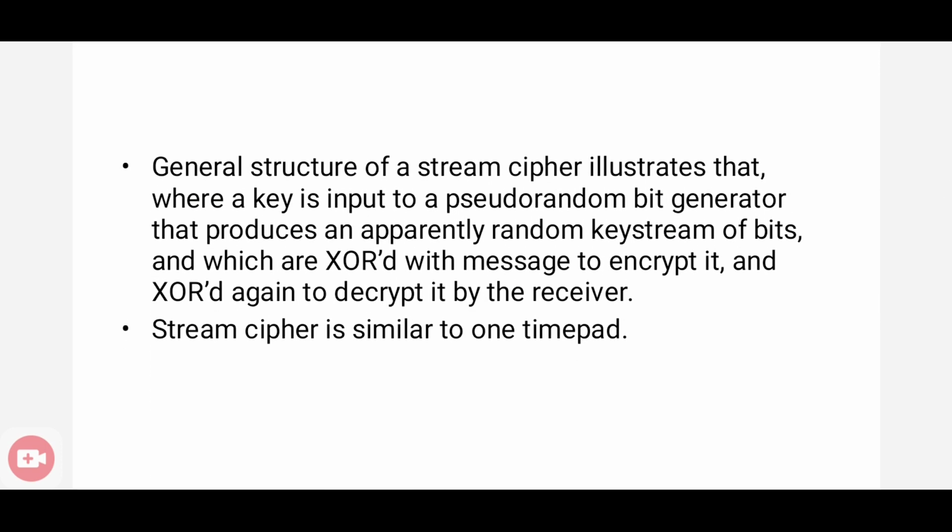So this is the general structure of a stream cipher. Here the key is the input to a pseudo random bit generator that produces an apparently random key stream of bits, which is XORed with the message to encrypt it and XORed again to decrypt it by the receiver. This stream cipher is almost similar to the one-time pad mechanism.